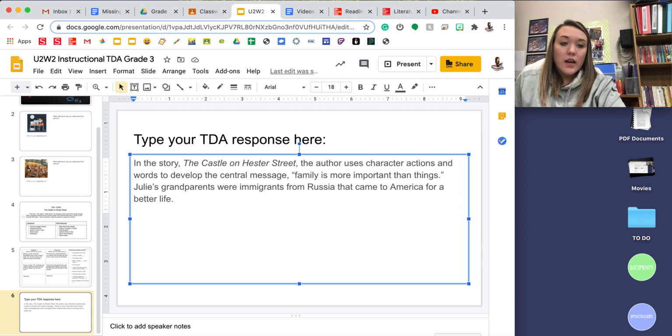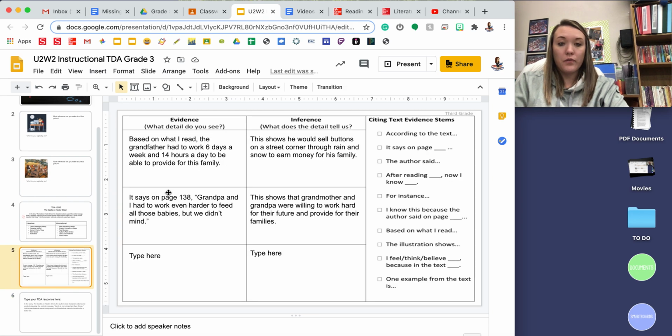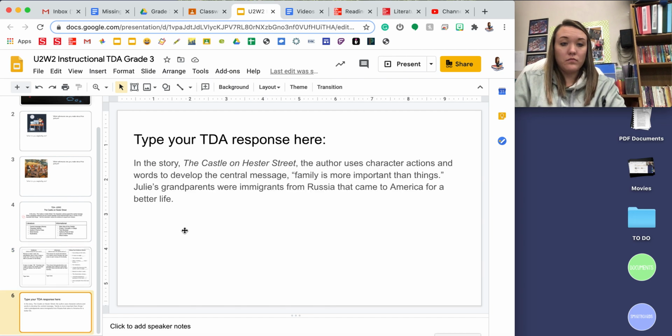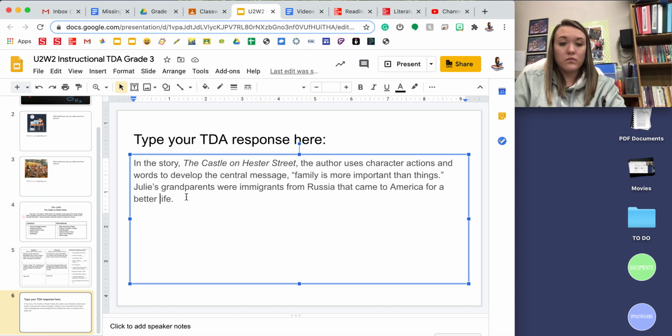The next thing I need to do is take my first piece of evidence and my first inference from my chart and add it to my essay. I am literally going to copy and paste my evidence and my inference.